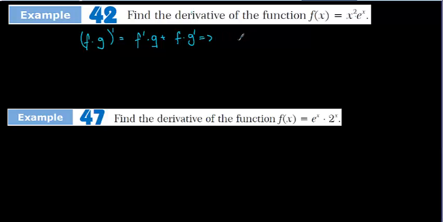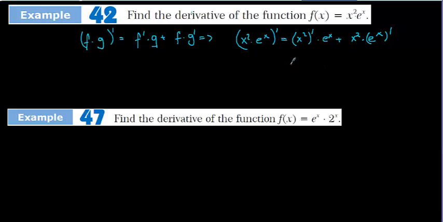So with respect to this one, x squared times e to the power of x derivative, this is f times g derivative, equal to the derivative of the first one, x squared derivative, times e to the power of x, plus x squared times the derivative of the second one, e to the power of x.